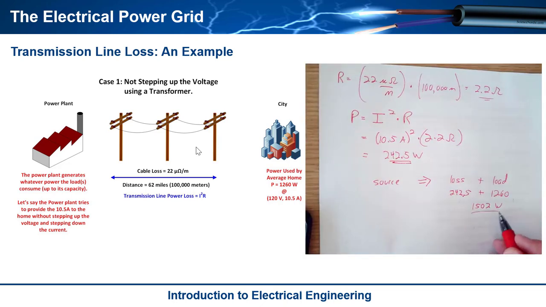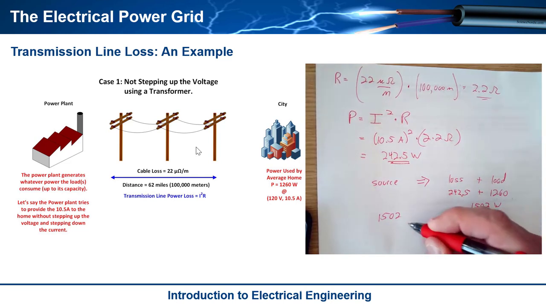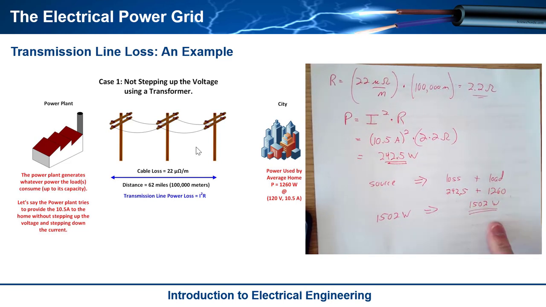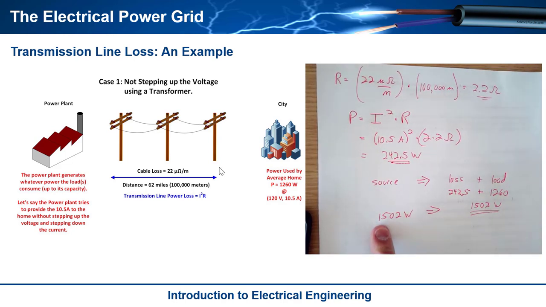That 1500 watts is provided by the source, because that's what's being pulled by the load and the loss, or you could lump all this together as a load, as long as it's not exceeding its capacity.